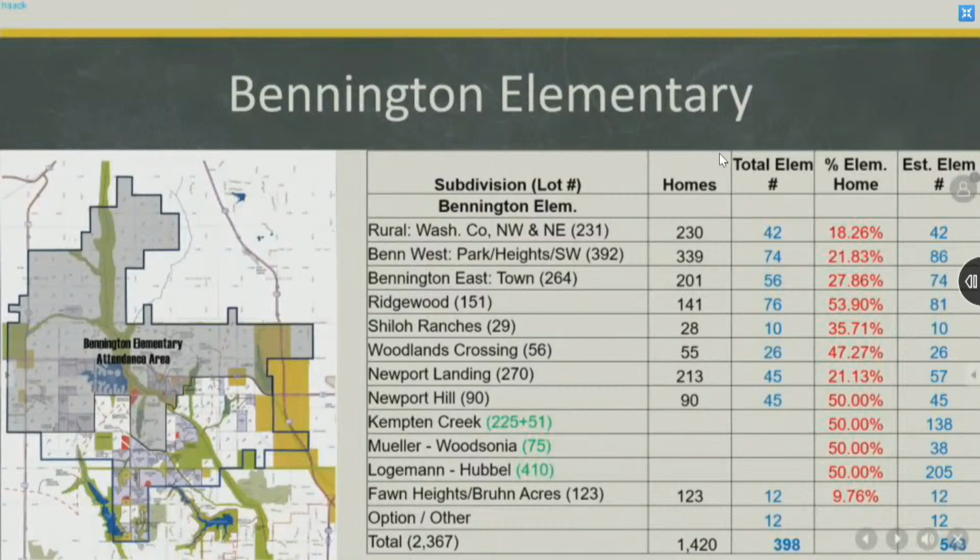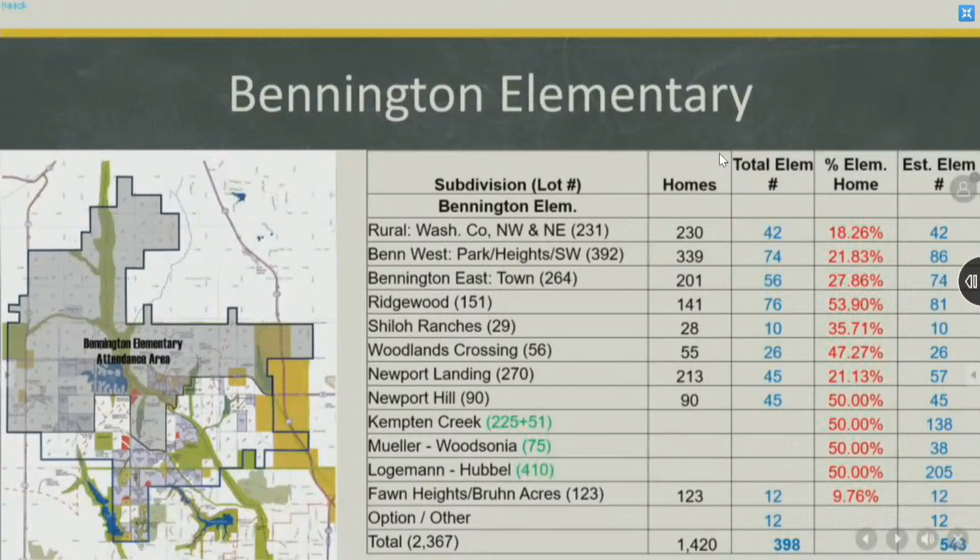Okay? So, the green over here in the subdivision and lot number, if it is green, that means that it is platted. That means that it is building infrastructure. Typically, you will not see a home, you will not see an elementary student.